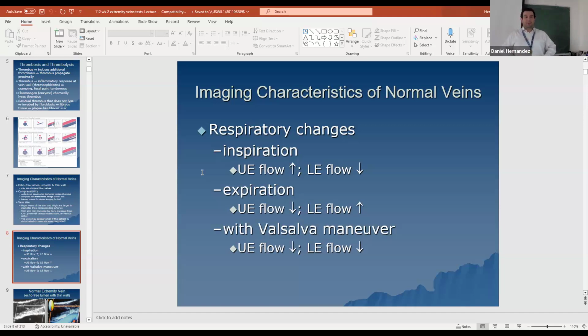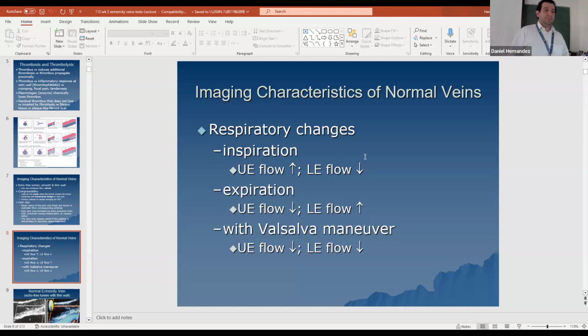With high pressure, that's going to impede flow. Blood flow doesn't want to run into high pressure, it wants to go downhill, towards low pressure. So with that deep breath in, you have high pressure in the abdominal cavity. That's going to decrease your lower extremity flow. But on the flip side, it's going to create low pressure in the thoracic cavity and increase flow in the arm. So the blood flow in the arms is going towards that low pressure.